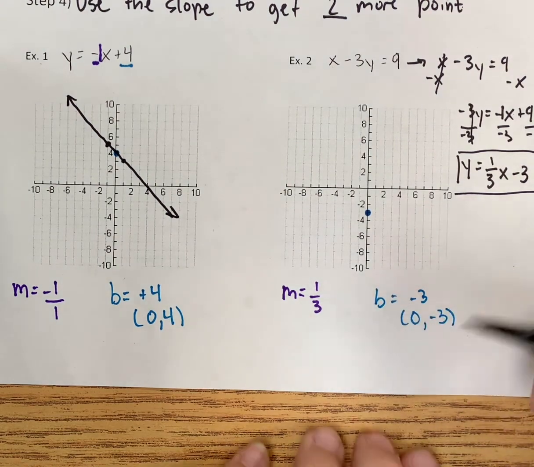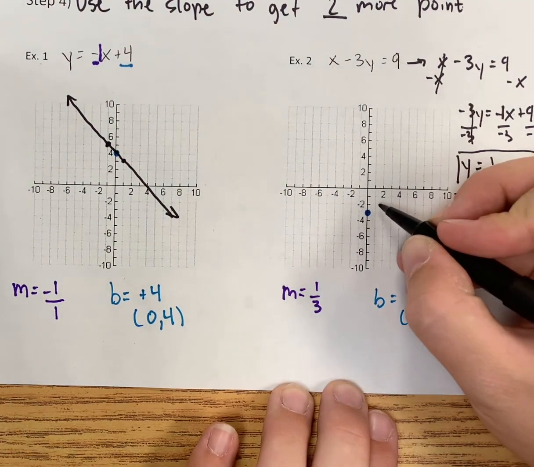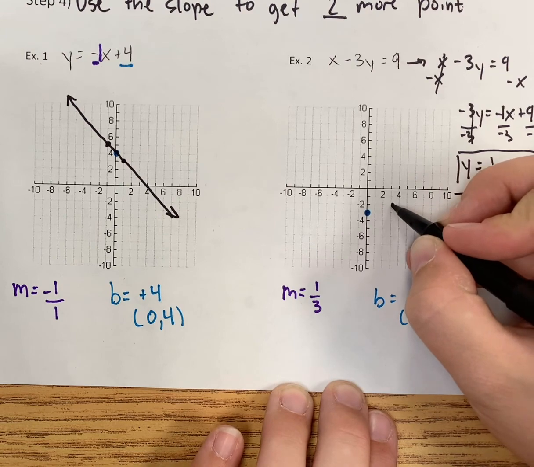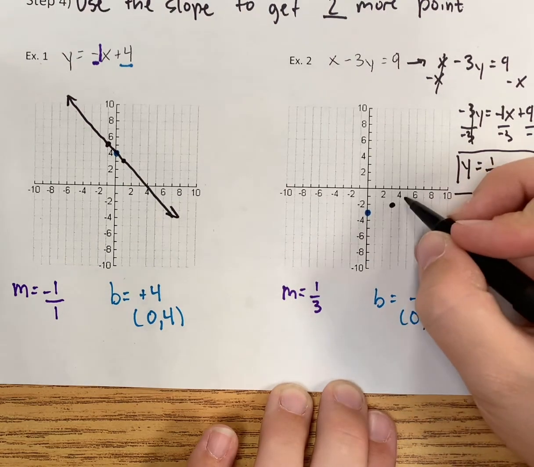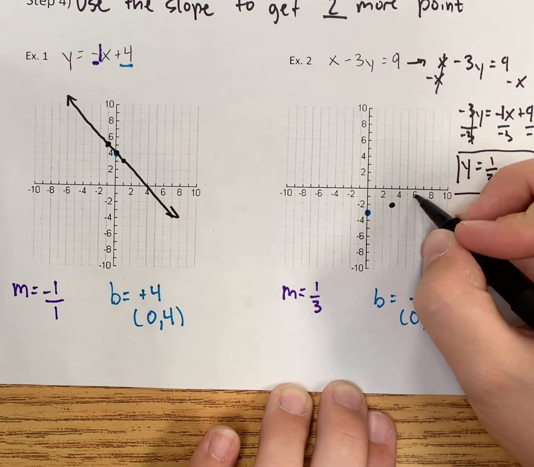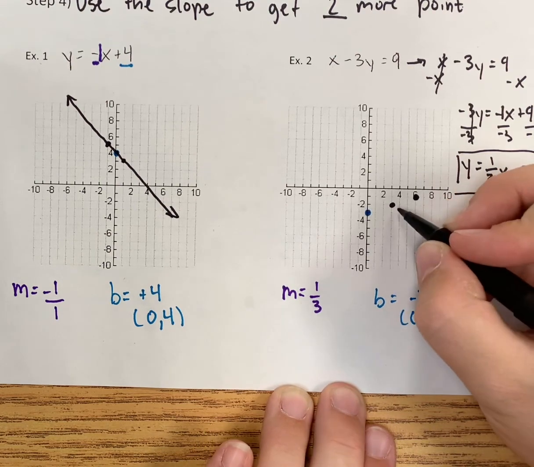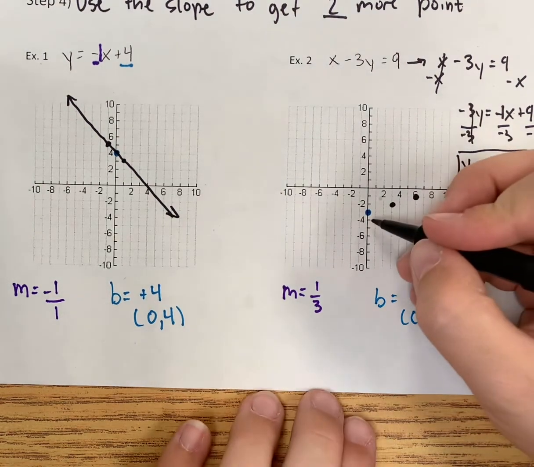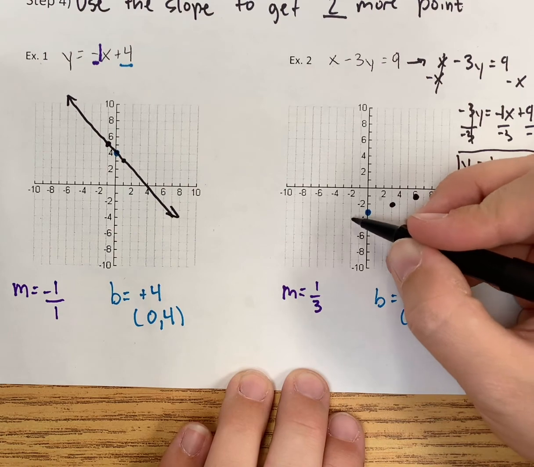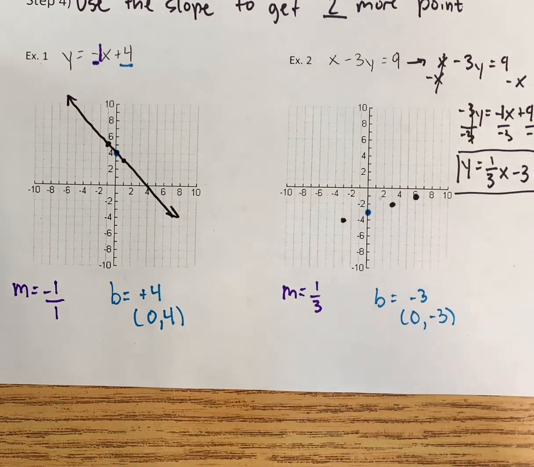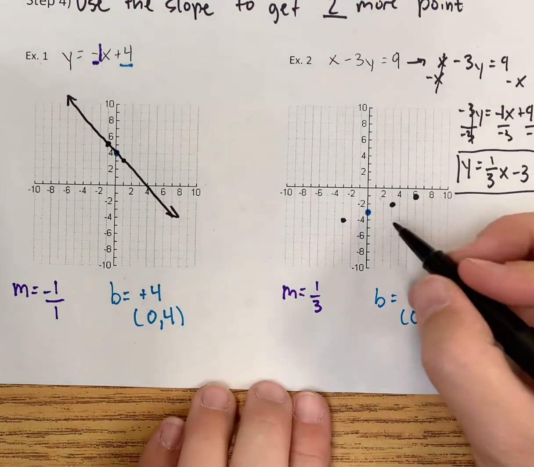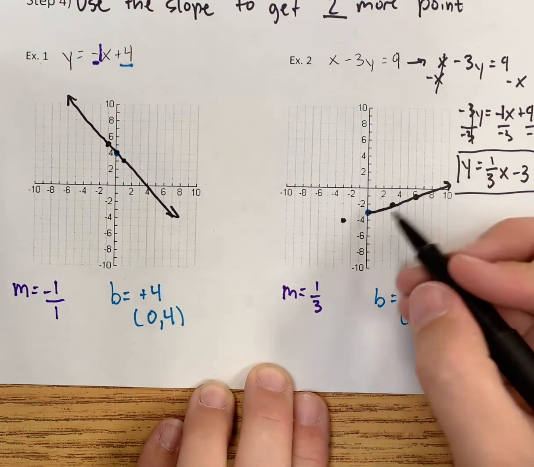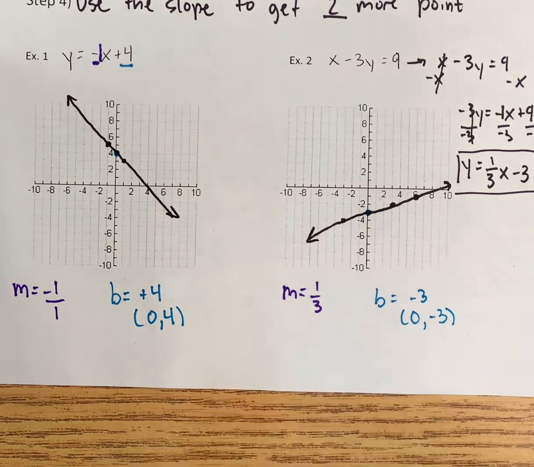It's 1/3, so you want to go up 1 and to the right 3. Up 1, right 3, and up 1, right 3 again. You could also go down 1 and then to the left 3. You don't have to. I usually just keep it positive, but some people like to do that as well. And then you draw your line.